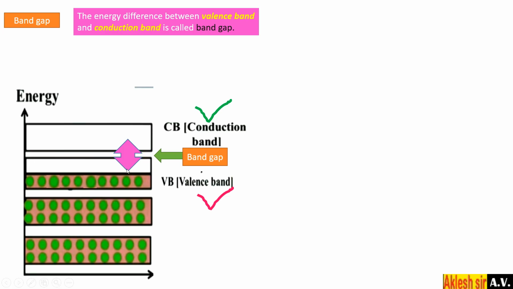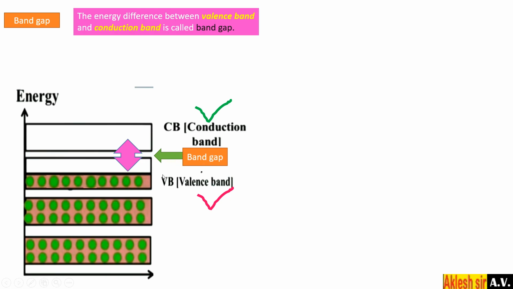To find that band gap, you should know the energy of the electron in the valence band and the energy in the conduction band. Some amount of energy is required for the electron to become free, and that amount of energy required is known as the band gap.